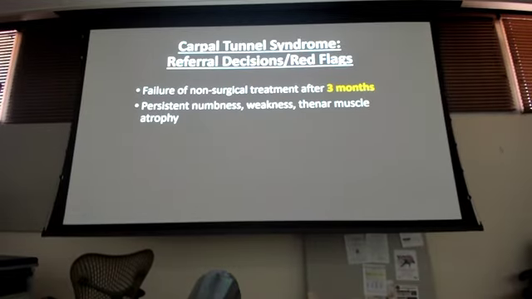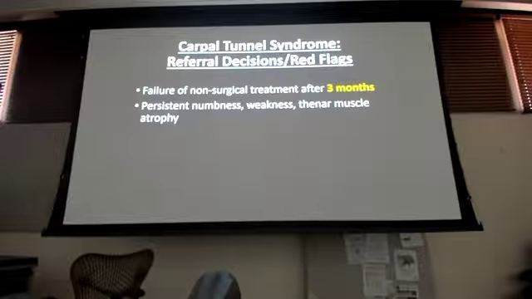So what are you guys going to do? Somebody comes in, you suspect they have carpal tunnel, but it's not that serious. It's early on, and they fit that clinical picture I described earlier, where they're doing a lot of repetitive activities or putting their wrist in hyperflexion, hyperextension. You treat them for 3 months. They get a little better, but it doesn't quite go away, or their symptoms continue to worsen.